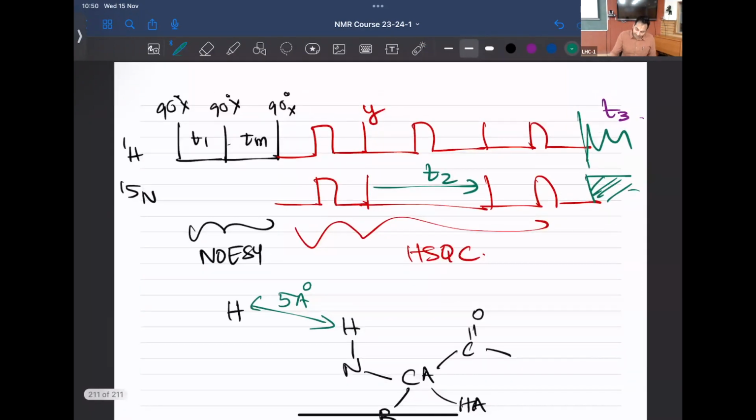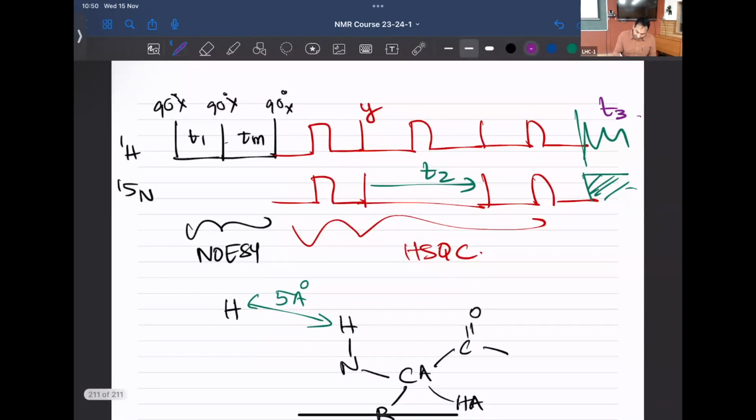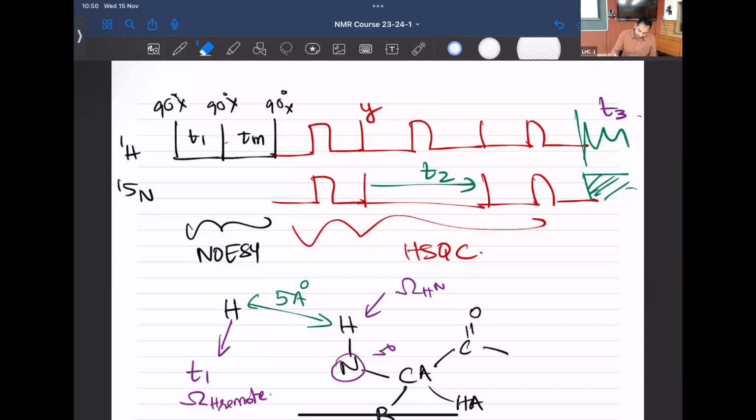If you're able to see this specific experiment, in T1, the omega H of the remote proton will be labeled, let's say omega H remote, which gets transferred to omega HN, which gets transferred to omega N. So basically, this will be the T2 dimension. This will be the T3 dimension.